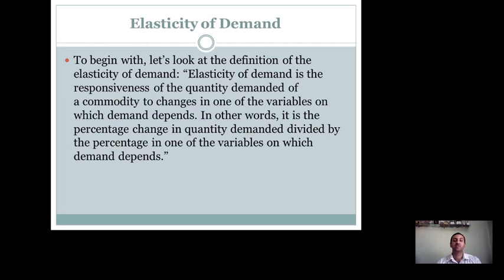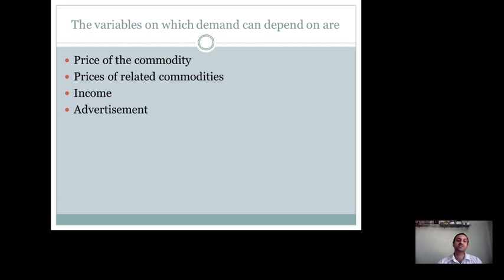Now here, the first variable on which demand is dependent is the price of the commodity. If the price of the commodity changes, even a slight change in price may bring changes in the demand of the commodity. So this responsiveness of price and demand, or the percentage of how much demand changes with the change in price of the commodity, is also measured.